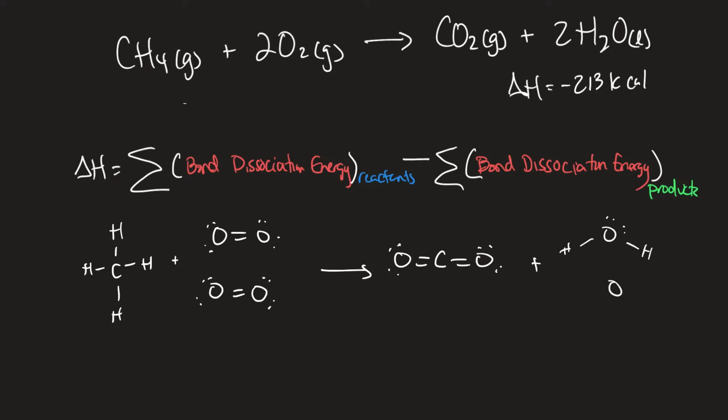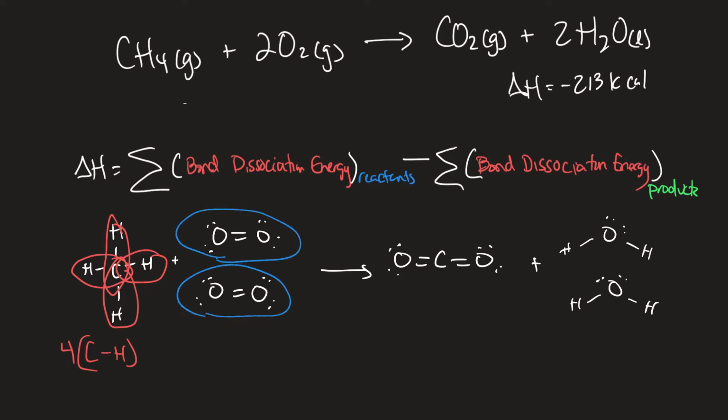What's important is that we figure out how many of each type of bond we have. For the CH4, there are 4 CH bonds. For the oxygen, there are 2 double-bonded O's, and there are 2 of these.